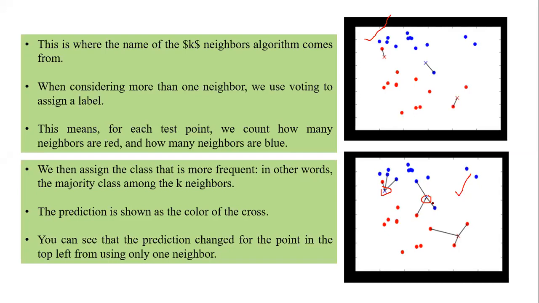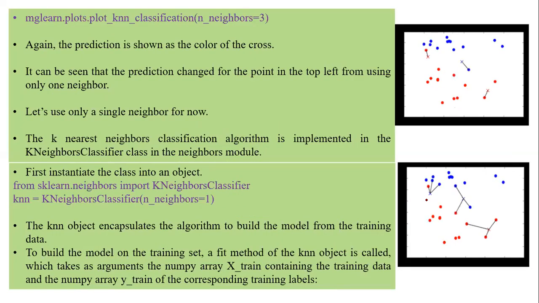The closest 3 points are this one, and this one. So there are two blues and one red. So to which will this unknown point belong? Obviously to blue, because the number of blues is higher than the red. So when we have k equal to 3, we have that result.